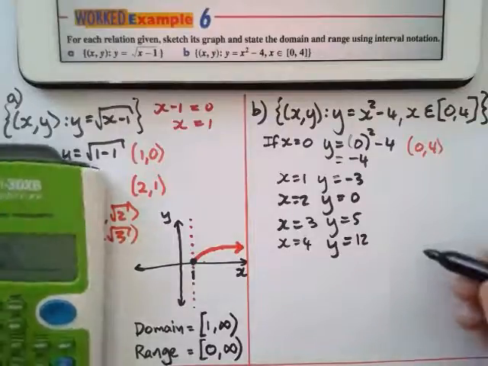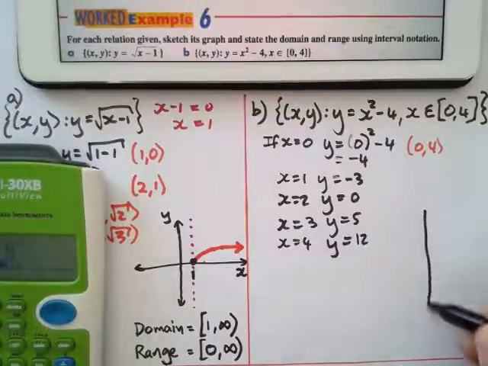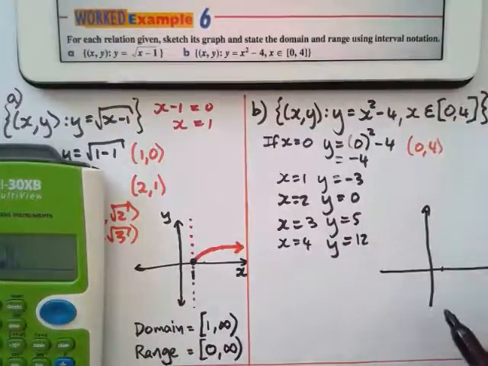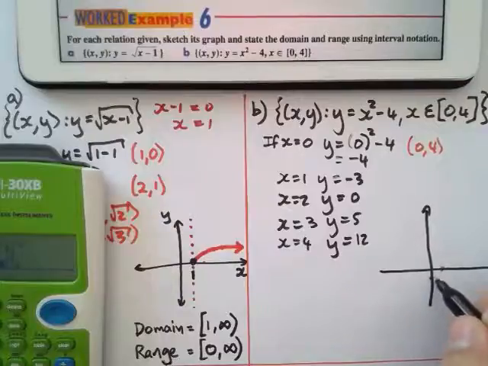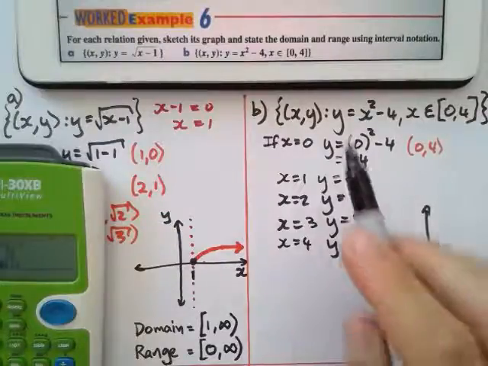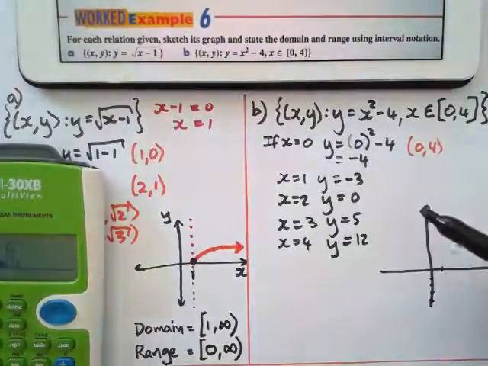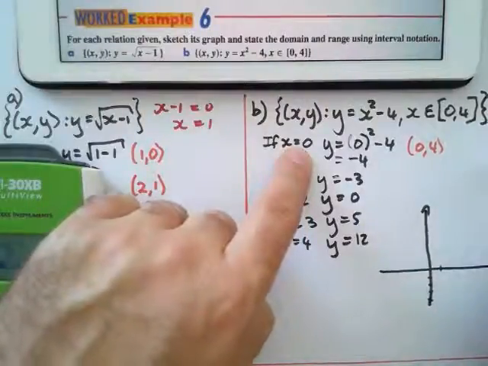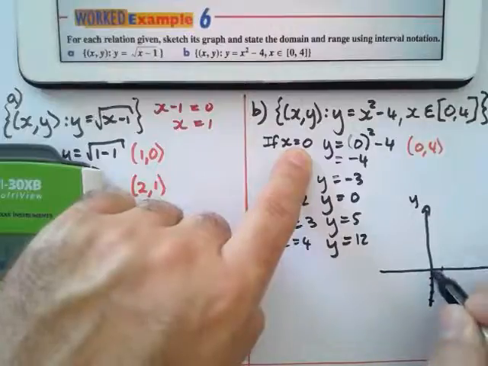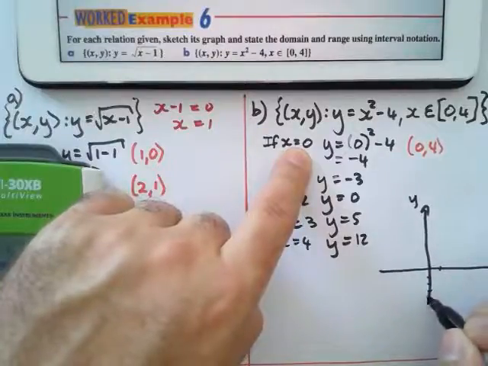Okay, so if I draw my graph now, to scale, when x is 0, y is negative 4.